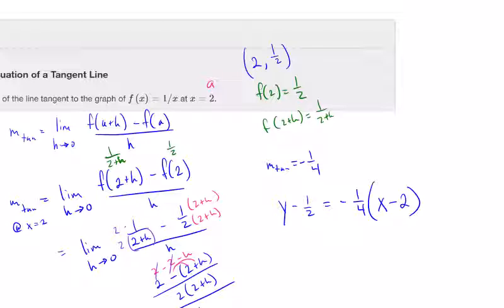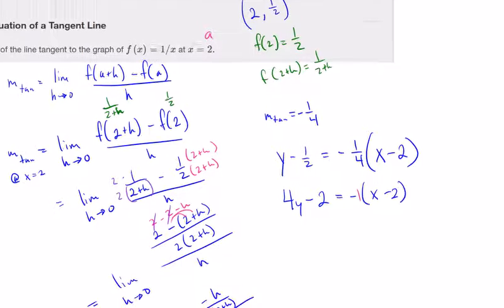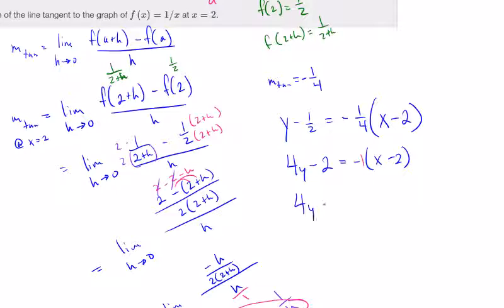And so you'd end up with 4y minus 2 equals negative 1 times x minus 2, right? And so that 1 is invisible there. And then you could distribute that negative 1, and you could end up with negative x plus 2.